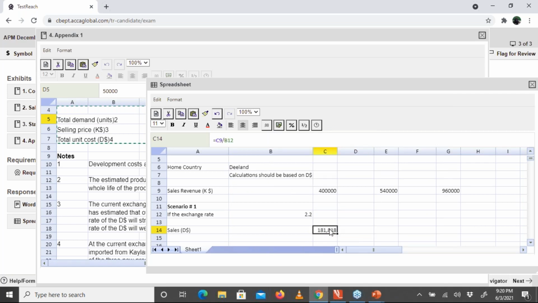So we have got this answer, which is the sales in terms of D-land dollars.